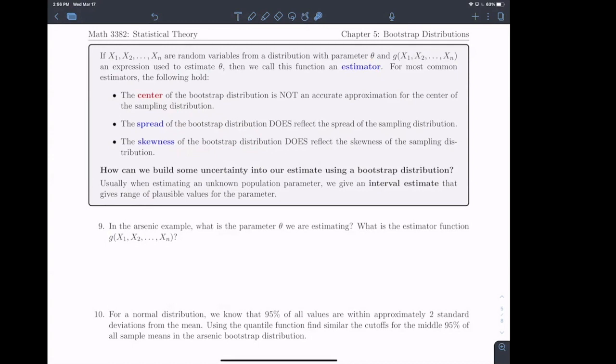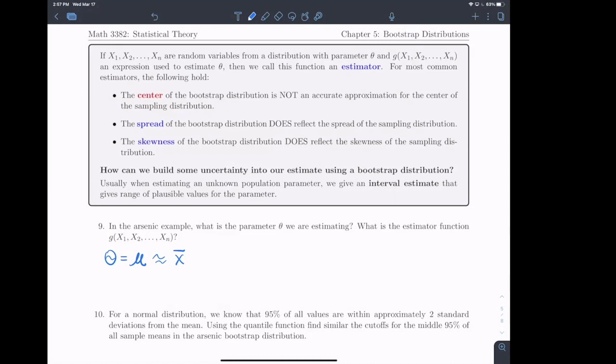then the function that we're going to use to estimate it is called an estimator. So in the arsenic example, the parameter that we were trying to estimate was a mean. This is what we've been saying: we are going to approximate that with X bar.